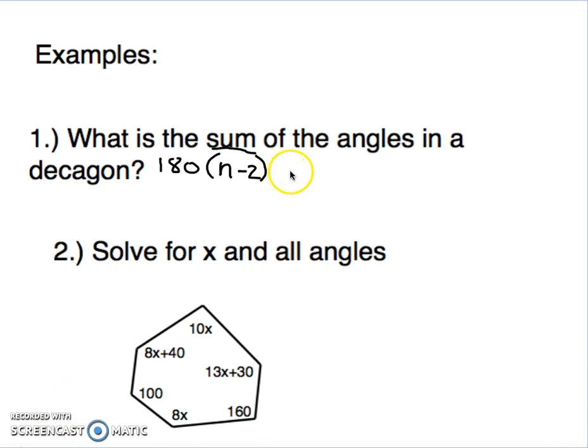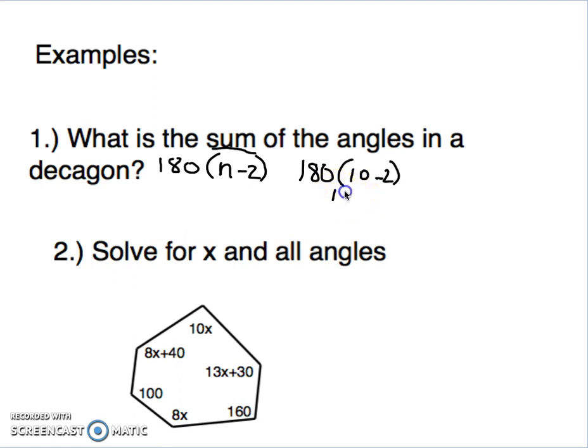So again, we know that the decagon has 10 sides, but however many sides your polygon has, you would take that number and plug it in for the n. So in our case, since we know we have 10 sides, we would take 180 times 10 minus 2.